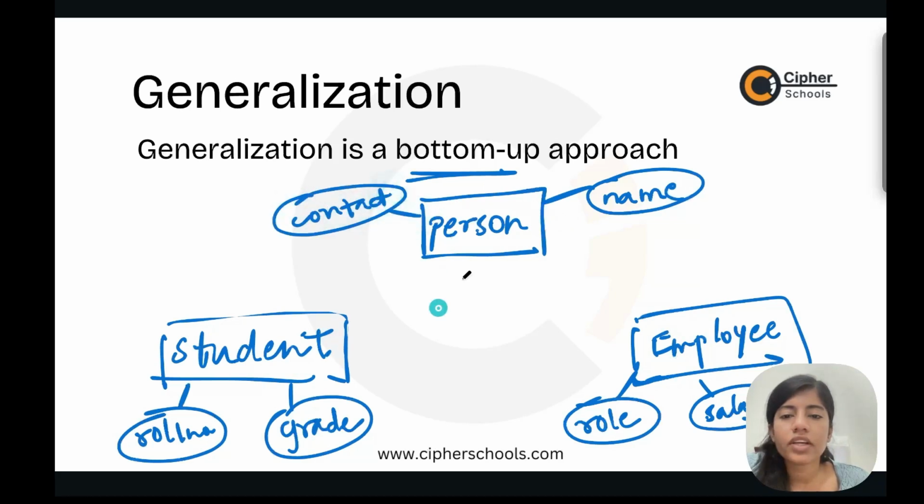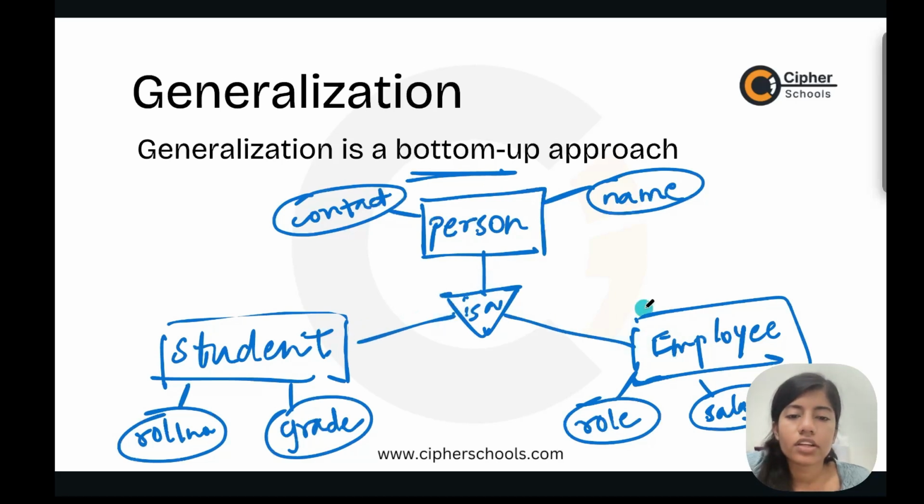Then we keep an easy relationship and relate that a person is a student or a person is an employee. So what we did here is we went from bottom to top. We started with our sub entities and then merged them into a general entity. This is what we call generalization.